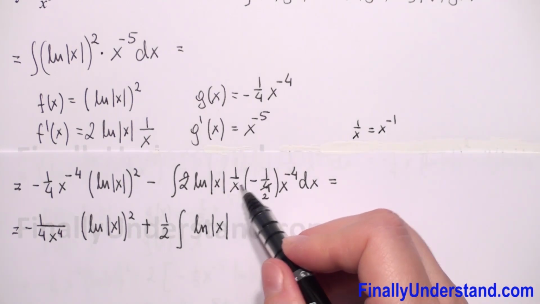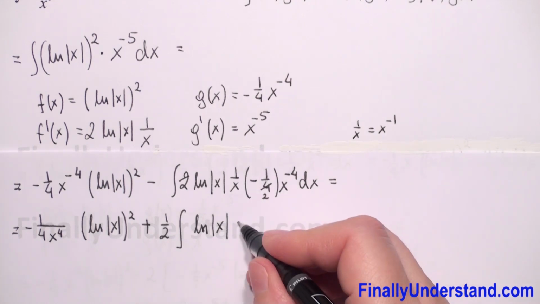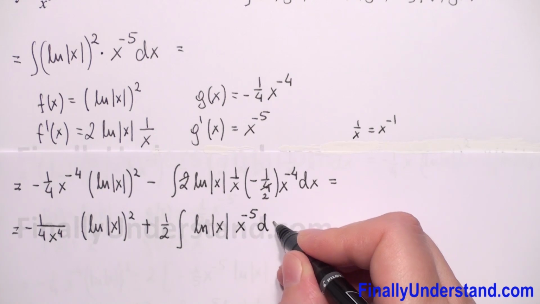So we have x to the negative 1 power times x to the negative 4. So it will be x to the power negative fifth with respect to x.